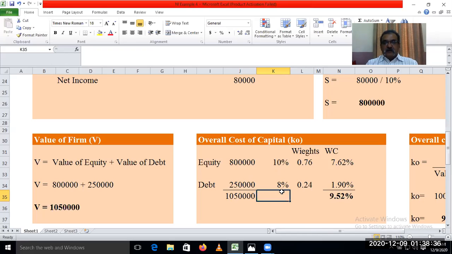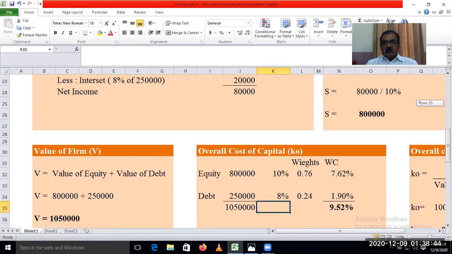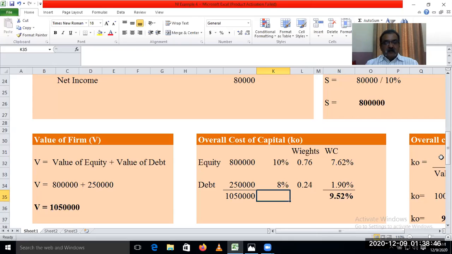The specific cost of debt is 8%, which is nothing but the rate of interest, as the basic assumption of the net income approach is that there are no taxes. That's why obviously whatever is the rate of interest, that is the cost of capital, because here I into bracket 1 minus t will not apply, there is no question of deducting the tax. Directly whatever is the rate of interest, that is the cost of capital. So that is 8%.